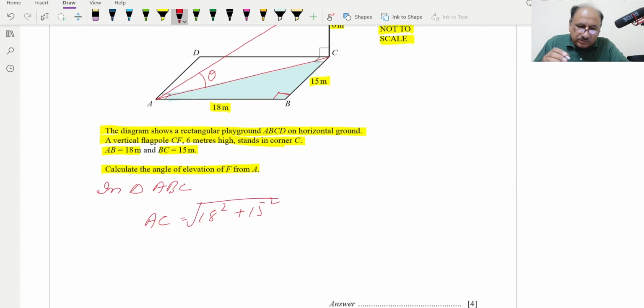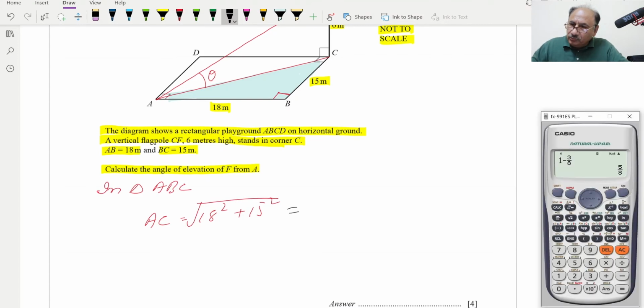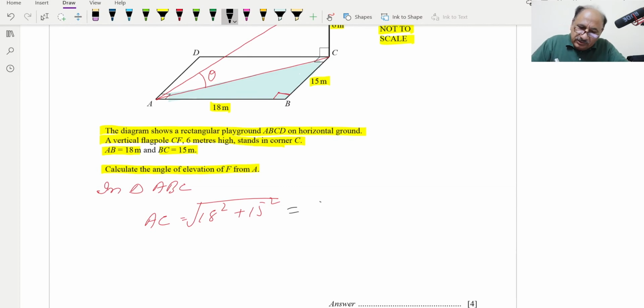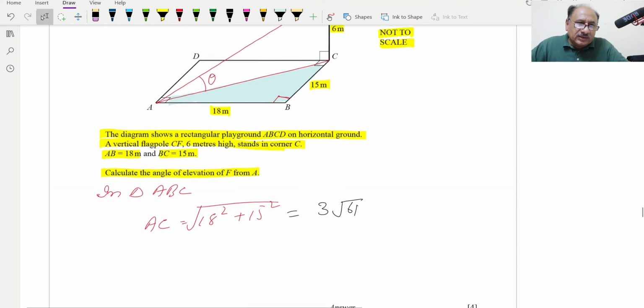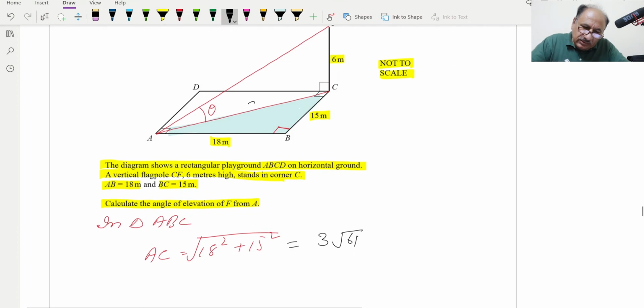Using the calculator, this is equal to 3 square root of 61.